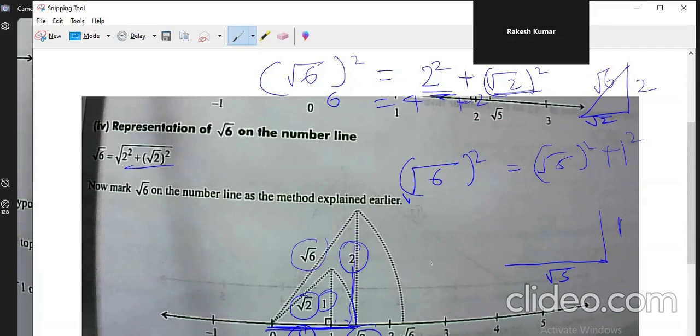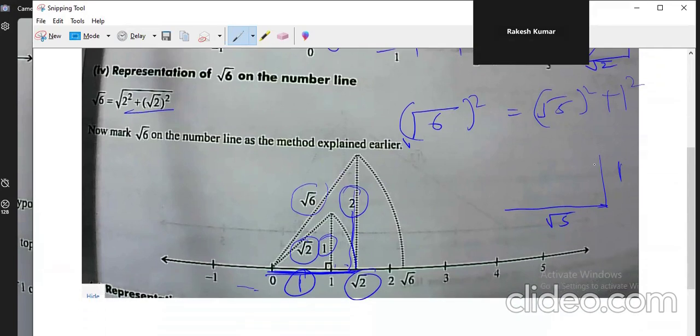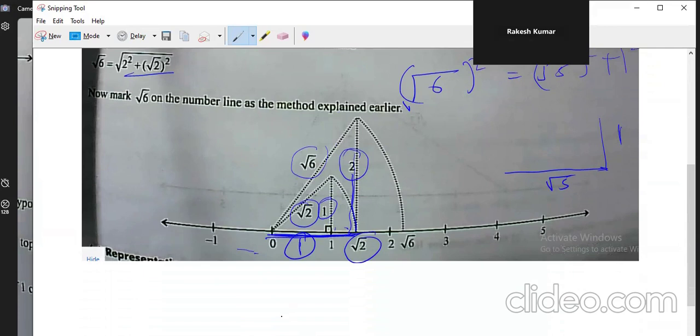The same technique you can do with 5. I will show you what you do. We have to make root 5 on this number line first. So root 5 can be written as 2 square plus 1 square. So take 2 on one side and 1 here.